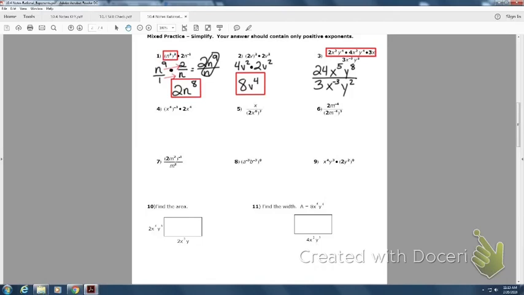So now I'm going to go through and I'm just going to divide everything. Okay, so I can reduce, 24 divided by 3 is going to give me 8. Now, let's leave the x's because I want to talk about that negative 3 and I also got a 5 up top, so kind of what do I do there? So let's go ahead and leave that.